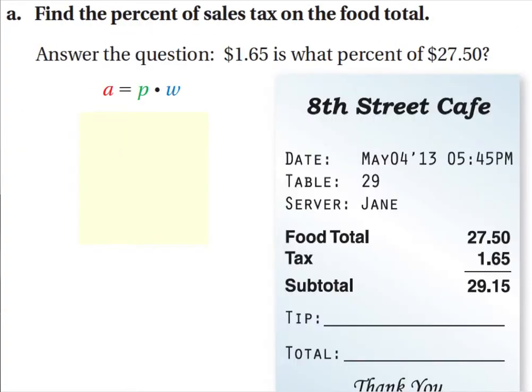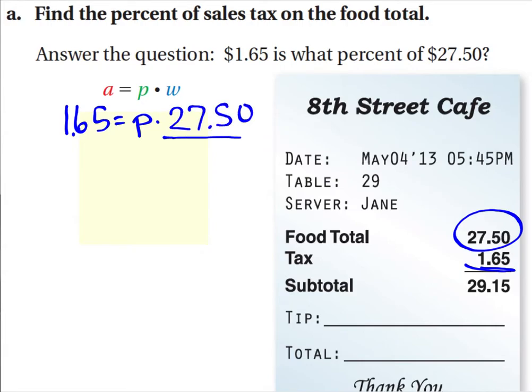Find the percent of sales tax on the food total. Well, the food total is $27.50, and sales tax, the part, is $1.65. So $1.65 is the part, and the whole is the total. So we just need to divide by $27.50.